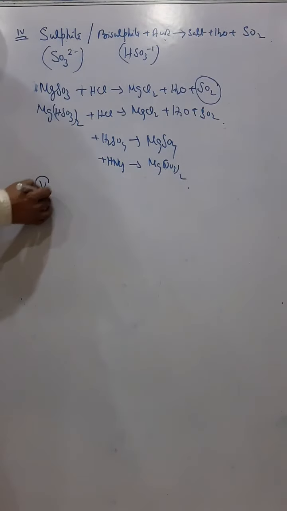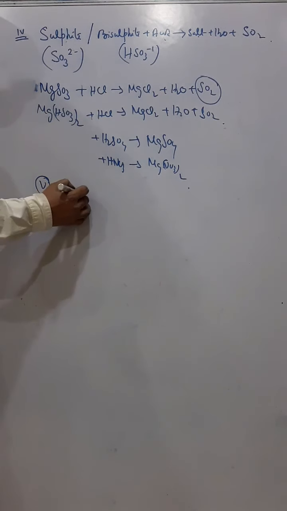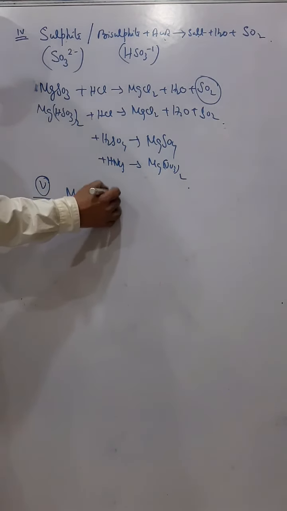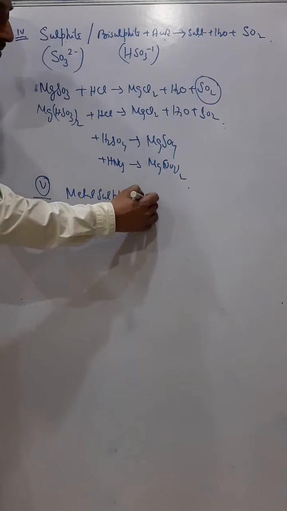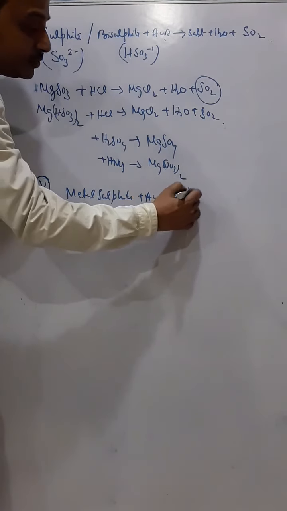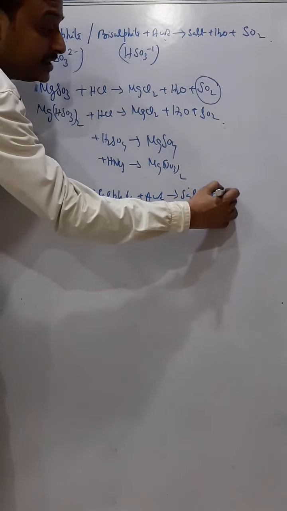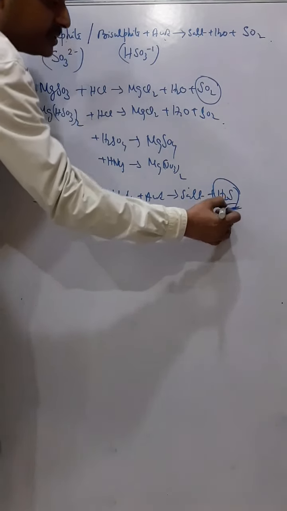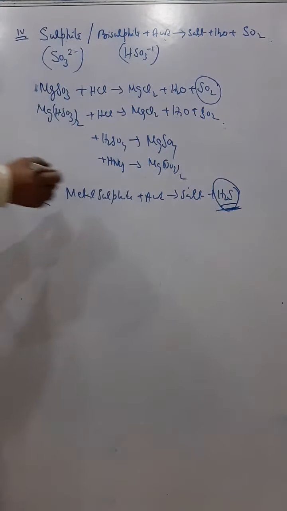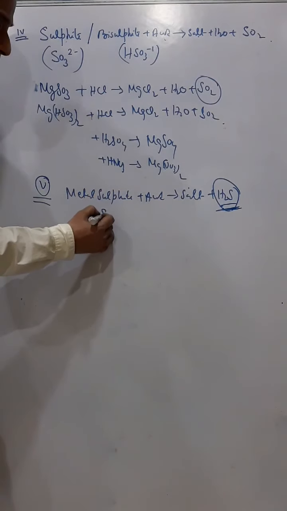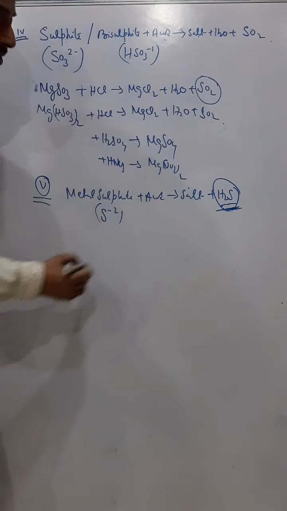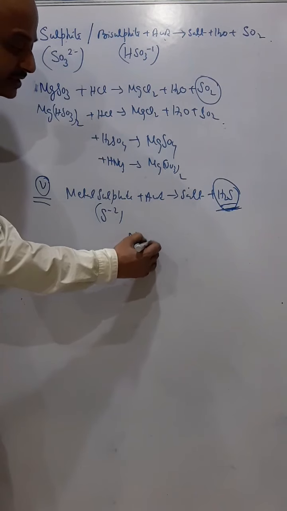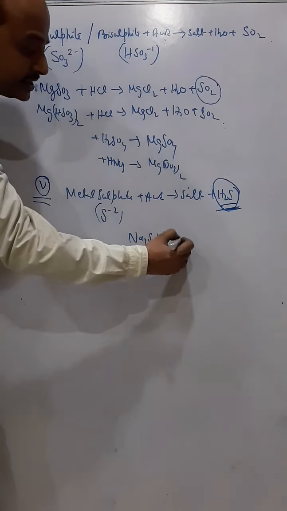Okay, and the last property is of metal sulfides. Metal sulfide plus acid will give you a salt plus hydrogen sulfide. Now hydrogen sulfide, as I've already told you, has the characteristic smell of rotten eggs. For any sulfide, the valency is S minus 2. Say sodium sulfide Na2S, you take an acid, what do you get?